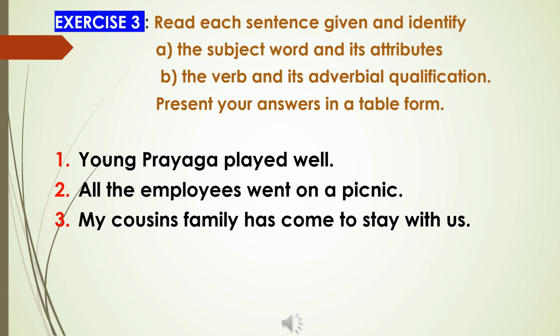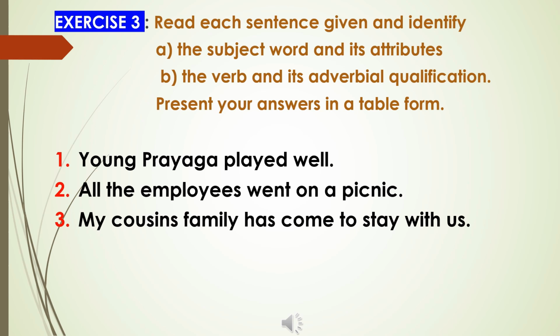Before beginning, let us take a look back. In our previous parts, we already discussed subject word, its attributes, verb, and adverbial qualification. I would like to remind you once more. In a complete subject, the most important word is called a subject word.